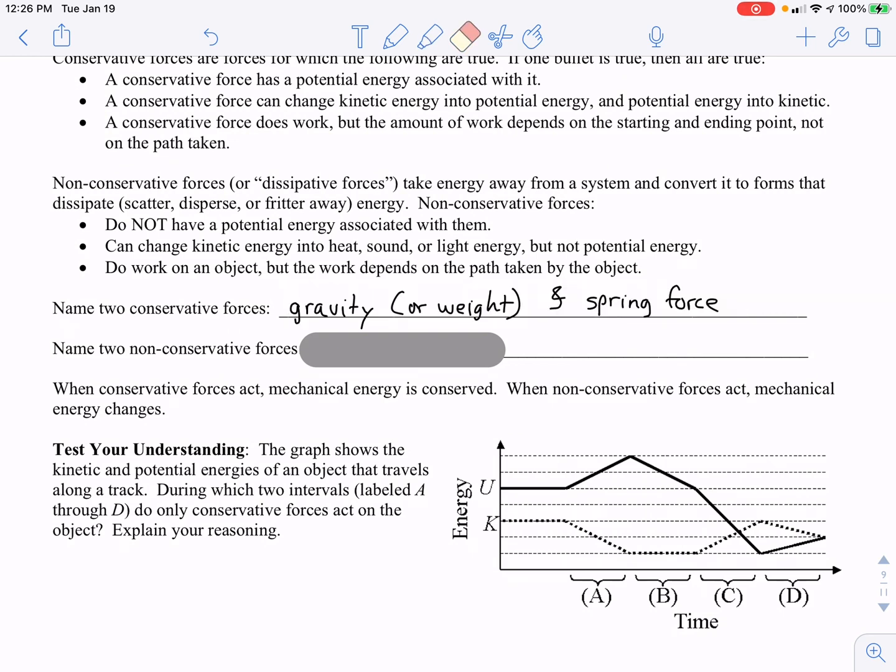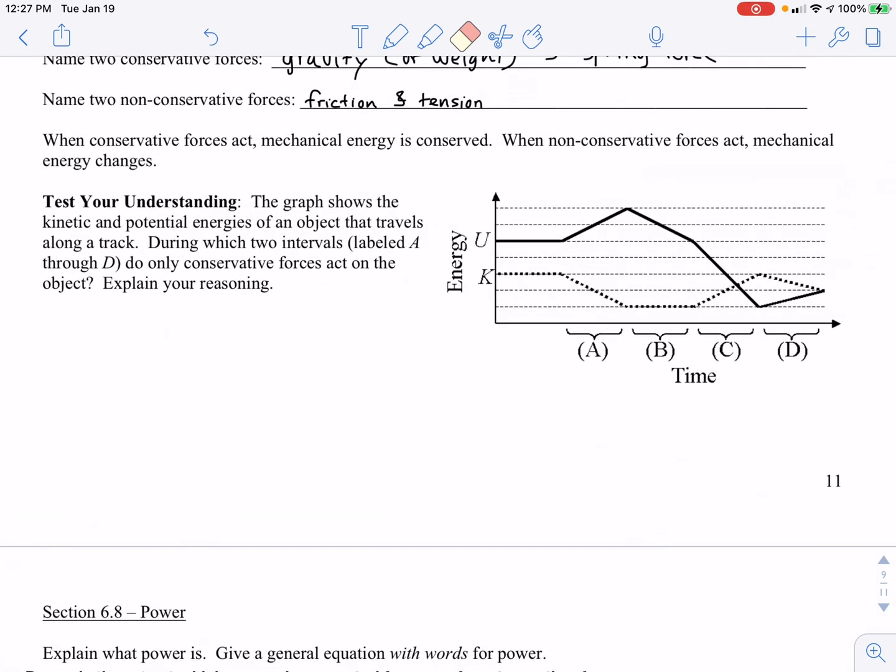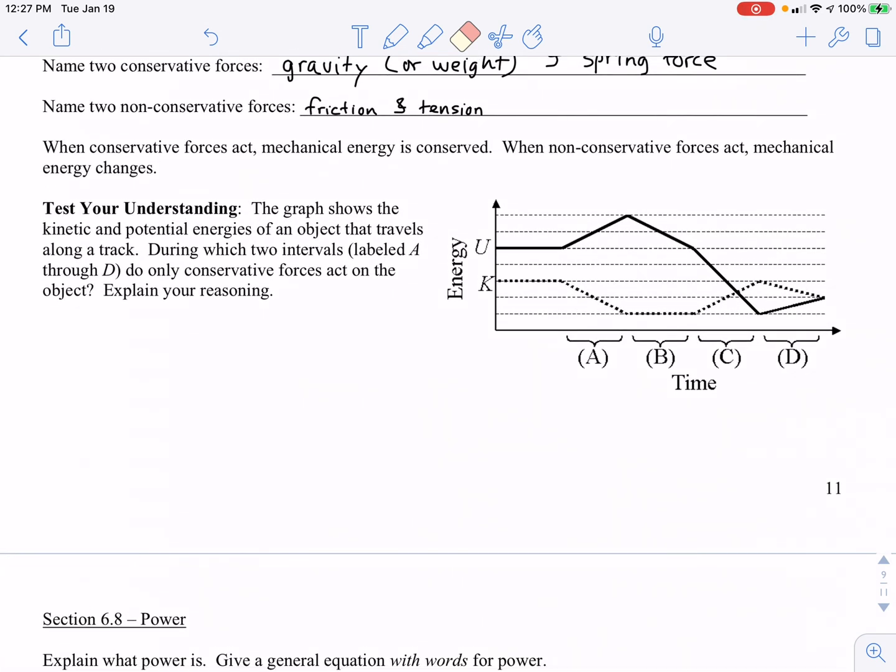Again, two examples of conservative forces would be gravity, which we know is the weight of an object, and a spring force. Friction and tension would be good examples of non-conservative forces. Try the test your understanding below to see if you can figure out from the graph which intervals have only conservative forces acting on the object.